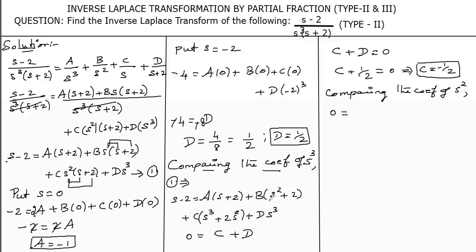And see here, b is having s square here. So the coefficient will be b, and see here, 2s square is there. So we can write 2c. Now, what is the value of c? Just applying the value of c, b plus 2 times minus half equals 0. So the 2 will get cancelled. So b minus 1 equals 0. It will be b equals positive 1.